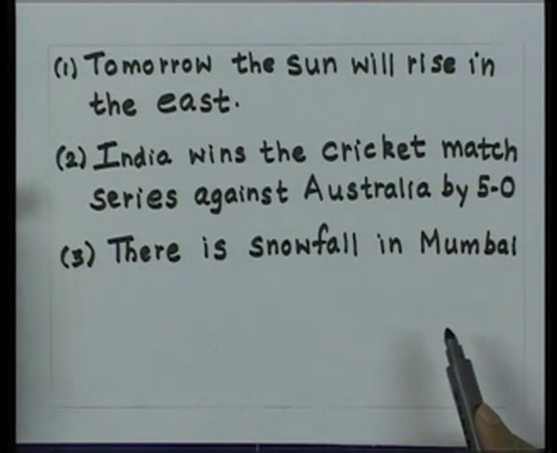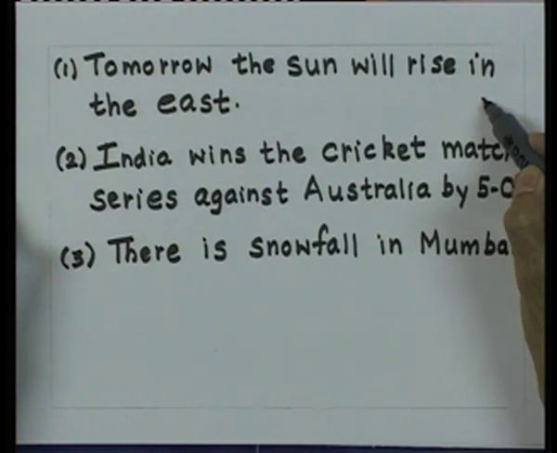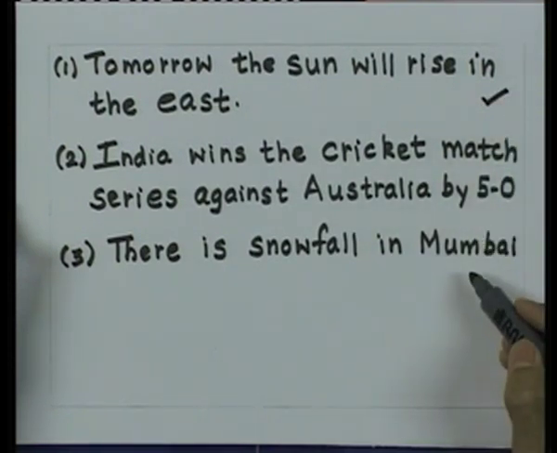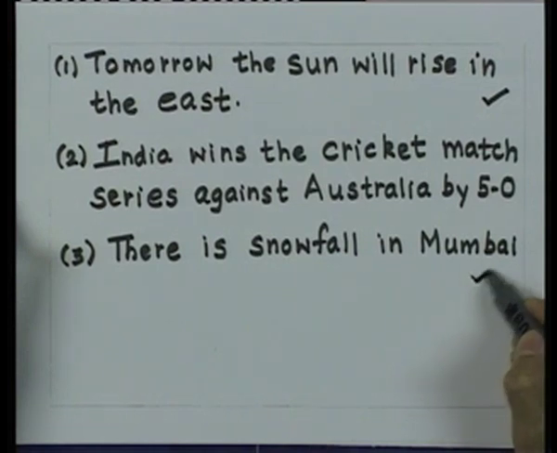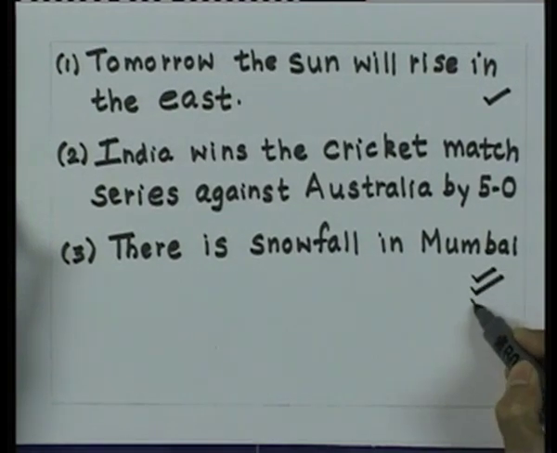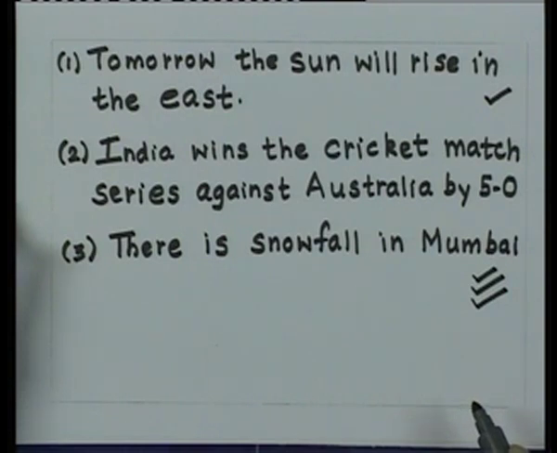Now, if I look at all these three headlines, then based on my common sense understanding of the word information, I can say that the first headline provides the least information, whereas the third headline provides the maximum information. Let us look at the probability of occurrence of the events associated with each of these headlines.